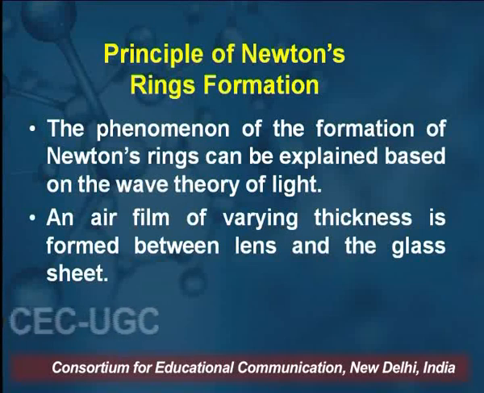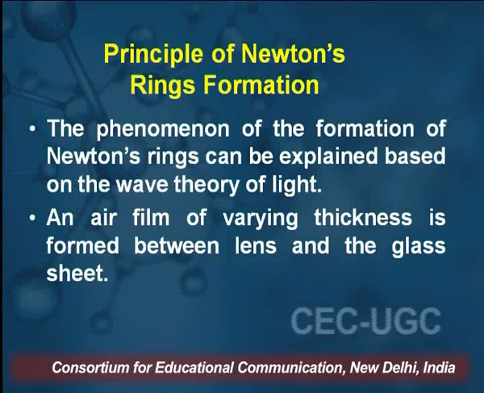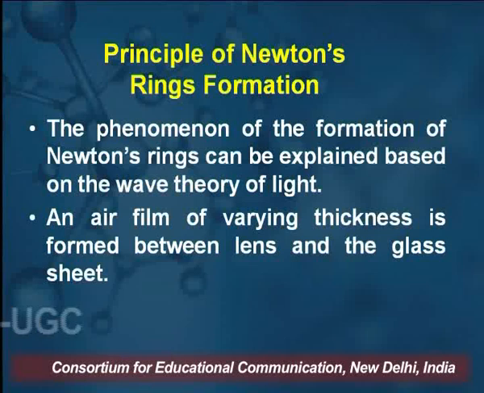Interference is part of the wave theory, in which an air film of varying thickness is formed between the lens and the glass sheet, from where the light is transmitted. When a ray is incident on the surface of the lens, it is reflected as well as refracted. Both phenomena take place, reflection and refraction.